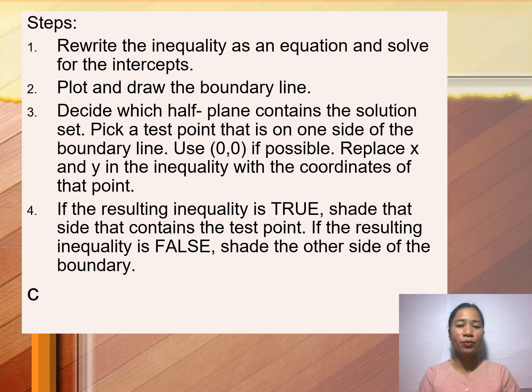So pick a test point that is on one side of the boundary line, use (0, 0) if possible, and then replace x and y in the inequality with the coordinates of that point. Last, if the resulting inequality is true, shade the side that contains the test point. If the resulting inequality is false, shade the other side of the boundary.